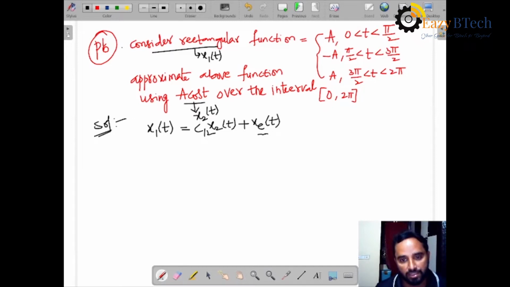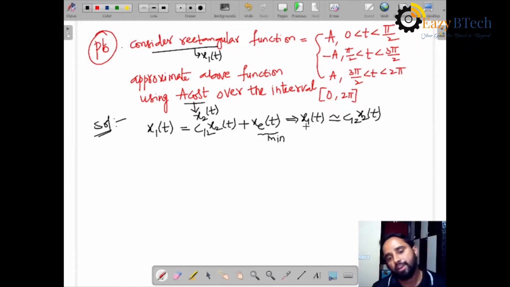This error must be minimum, so x1 of t is approximately equal to c12 x2 of t.